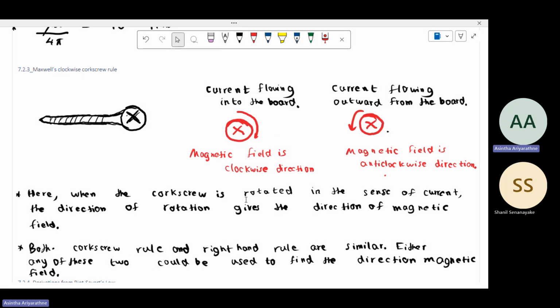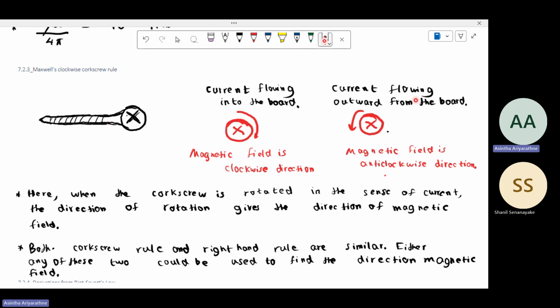If the current is flowing into the board, according to this rule the corkscrew should always be moved in the direction of the current. So in the first case, the current is flowing into the board, so you have to rotate this in a clockwise direction to insert the corkscrew into the board.